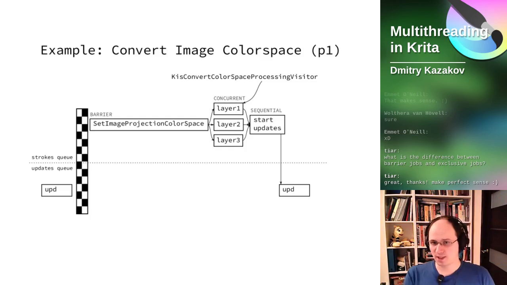As you could see on the previous slides, convert image color space is executed using keys processing applicator class. So on this class you can execute undo commands, processings, and undo commands.